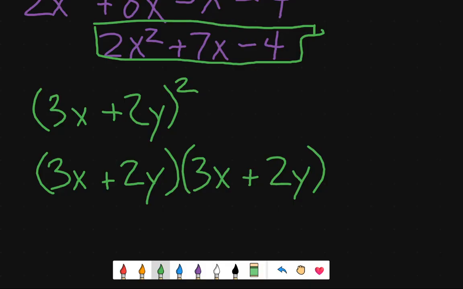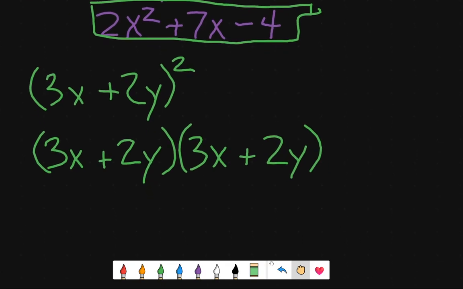All right, now, if we follow our FOIL method, what are our first terms? If you said 3x and 3x, you would be correct. So 3x times 3x, 3 times 3 is 9. x times x is x squared. Our outer terms, we have 3x and 2y.